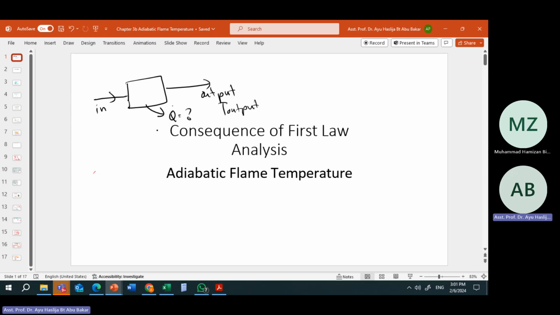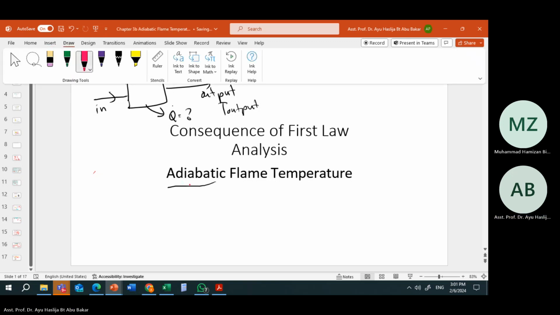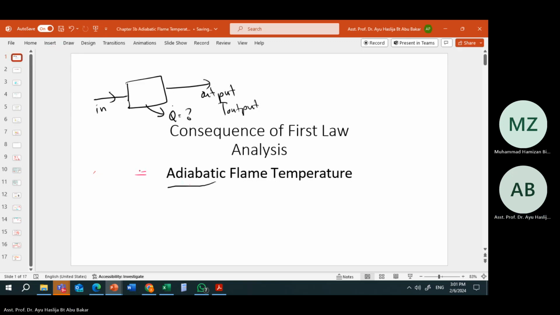Okay, boleh proceed. Okay, previously kita given the condition T output and then you need to find the Q. Okay, sekarang when it involves the adiabatic, it means Q equals to 0.